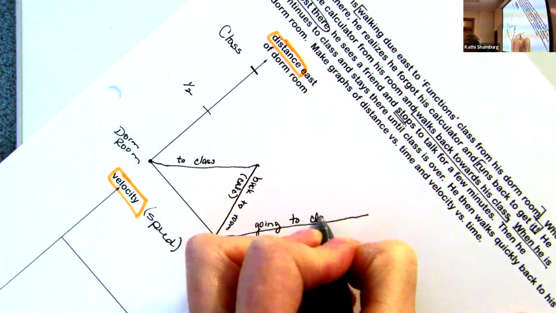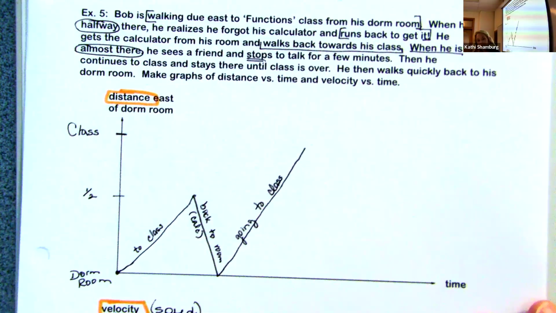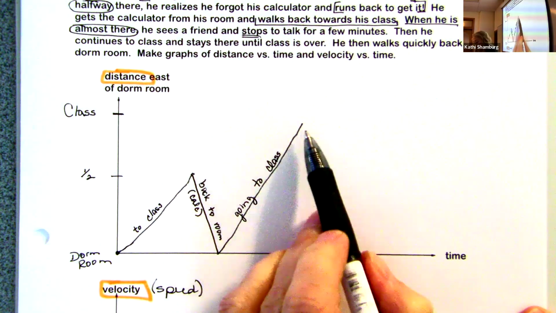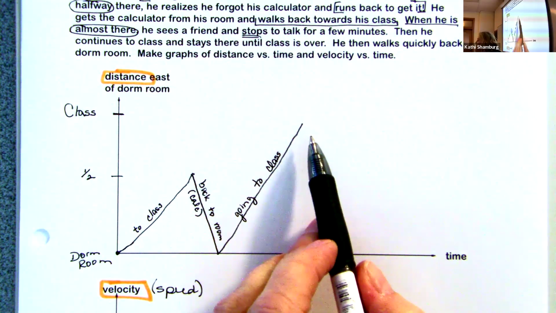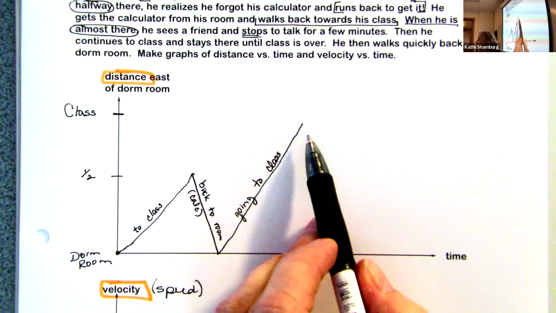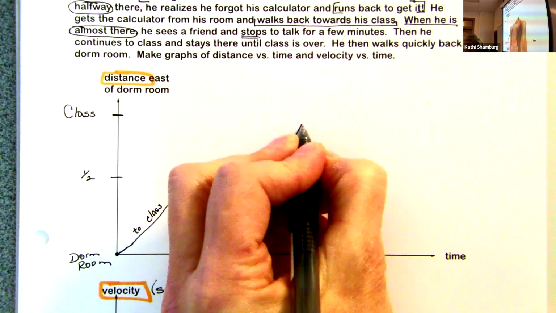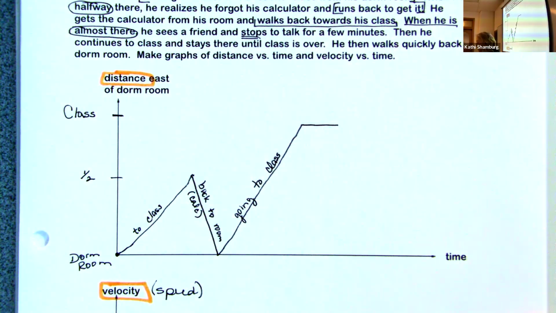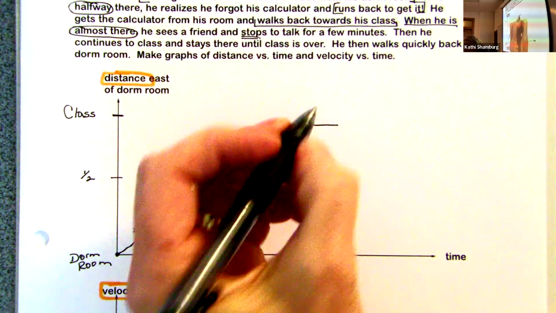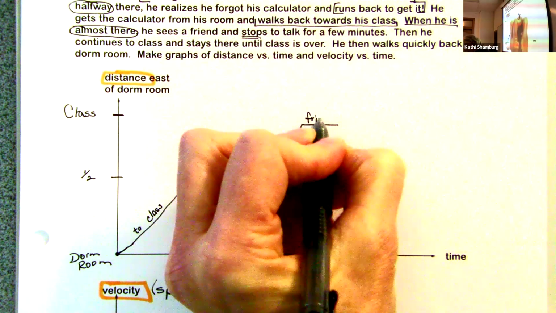What's my graph going to do there? Horizontal, right? He stops, but the distance away from the dorm room stays the same, though some time has to pass. So he's talking to a friend.